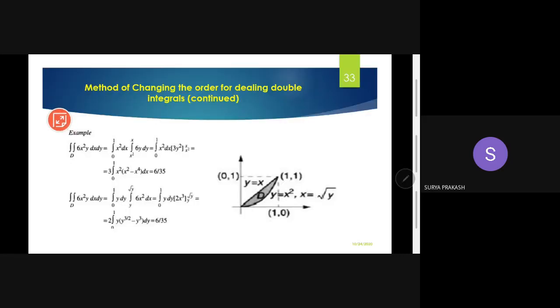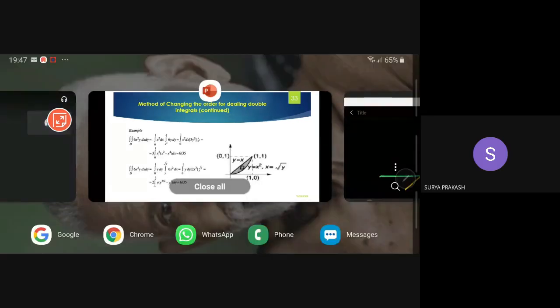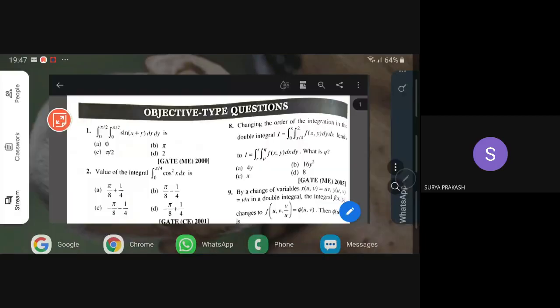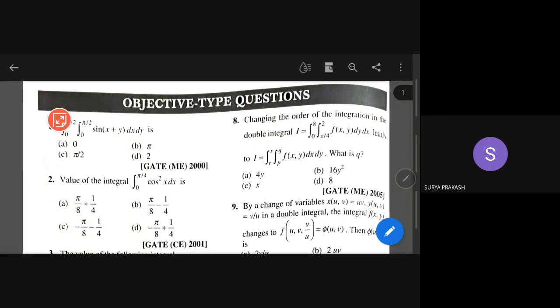They will give a picture like this. They say that the region is bounded by the line y is equal to x and y is equal to x square. They clearly tell that. When you see the question bank, it will be like this.